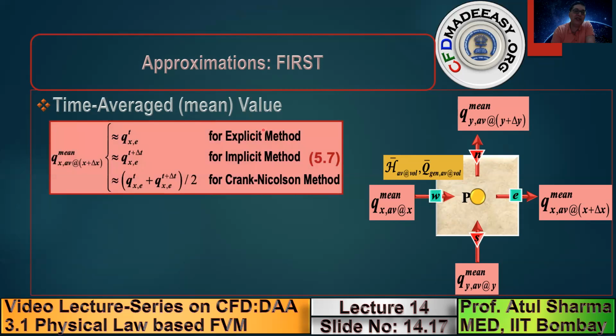So in an explicit method, the assumption made is that over the time interval t to t plus delta t, we are taking the heat fluxes from the previous time instant, and at t the heat flux is suddenly changing to t plus delta t.